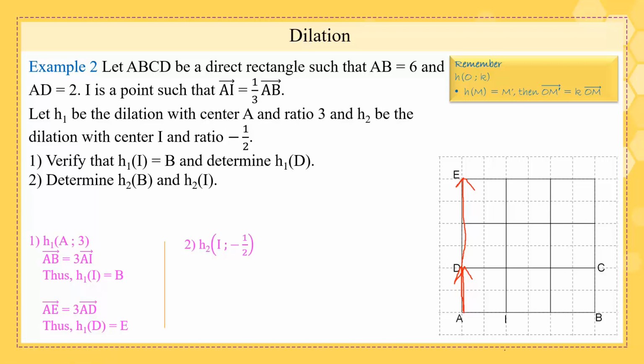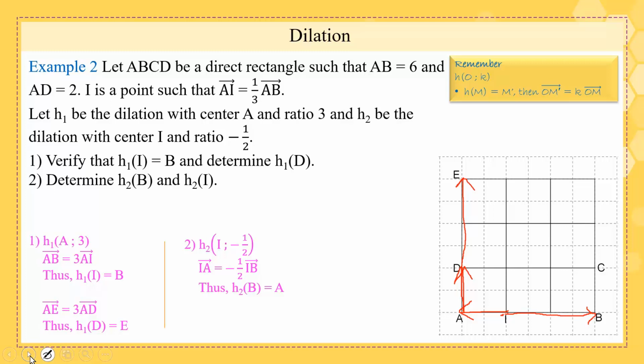So again, look at the figure on the right side. You must find a vector which is of opposite sense to vector IB, but of the same direction as IB, and of magnitude half that of IB. We note that vector IA has this property. So we write vector IA equals minus half vector IB. So we can write H2 of B is A.